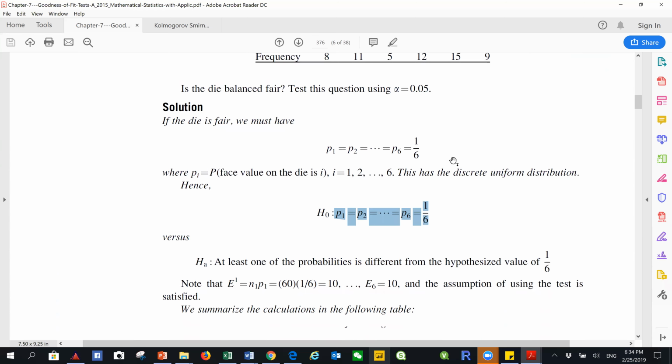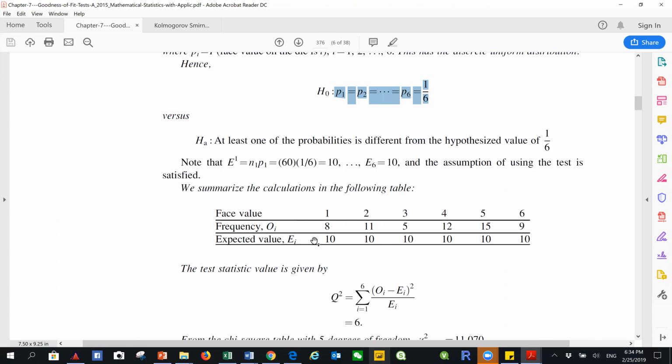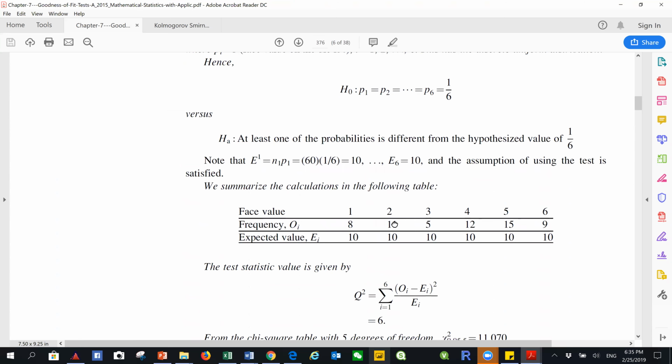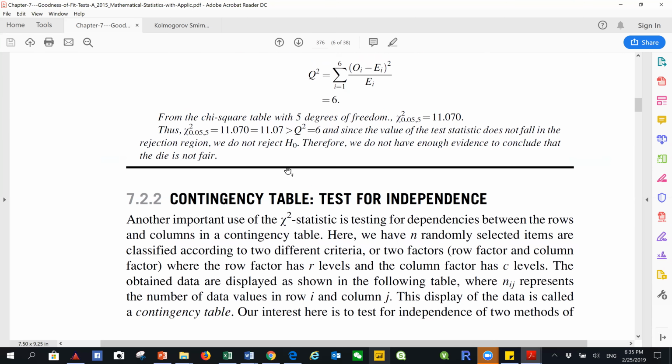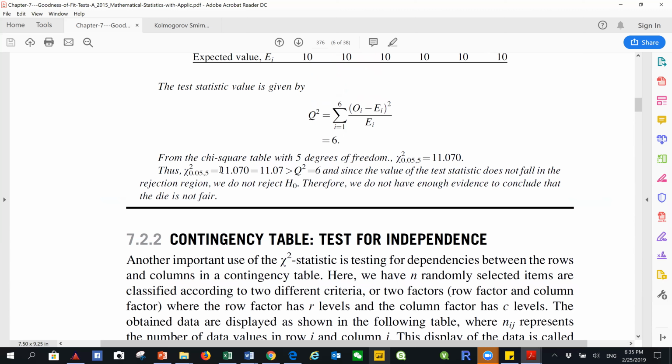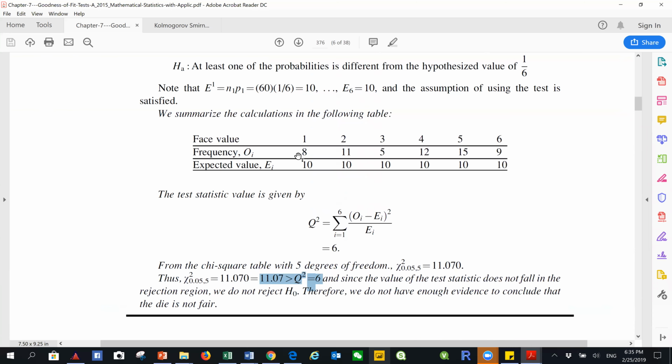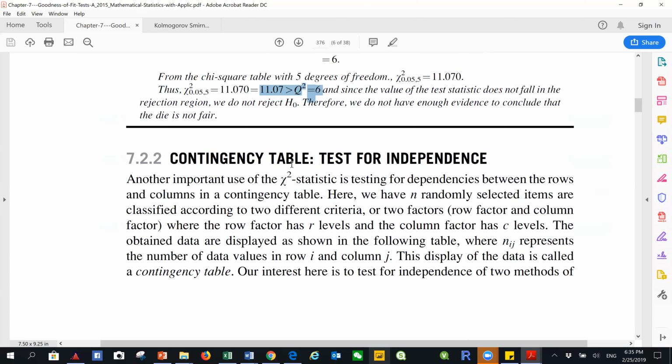So the expected value should be 10 out of 60 for each face. But the observed is like that. Let's do the differences, and you find it's 6. This compared with the 11.07, so it's less. So they are not significantly different, we cannot say they are different. So this seems to be a fair die.